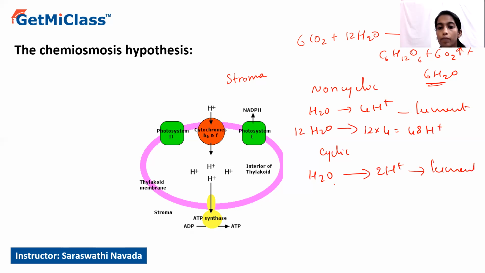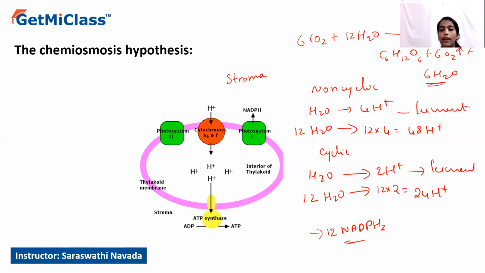Here 12 molecules of water are used in photosynthesis, so how many hydrogen ions are added? It will be 12 into 2, that is 24 hydrogen ions. In addition to that, it is also involved in the synthesis of 12 NADPH2 molecules.